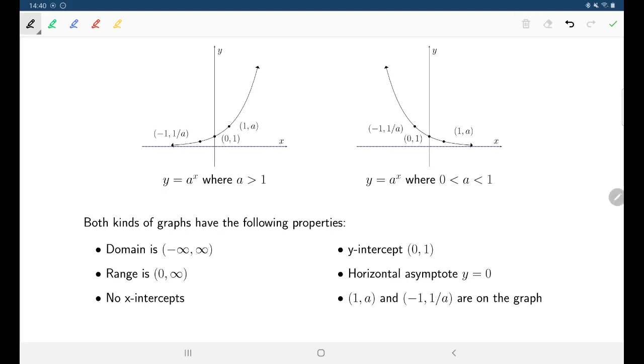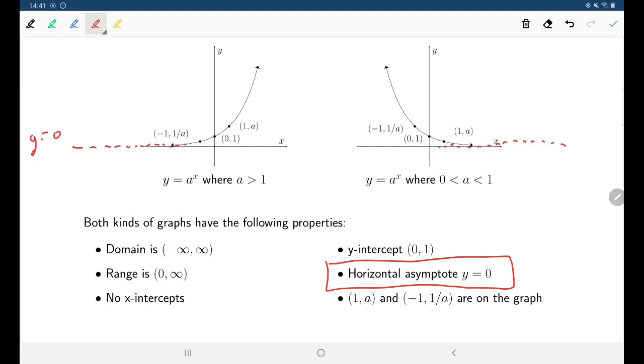One other thing that we have here, which I haven't indicated on the graph itself, but I will when I do graphing by hand, is that both of these have a horizontal asymptote. You'll notice that this is an example of a graph where the horizontal asymptote really only applies to one side of the graph. For the exponential function, on one side of the graph, it is tapering off to that horizontal line y equals 0, and on the other side it's heading upwards.